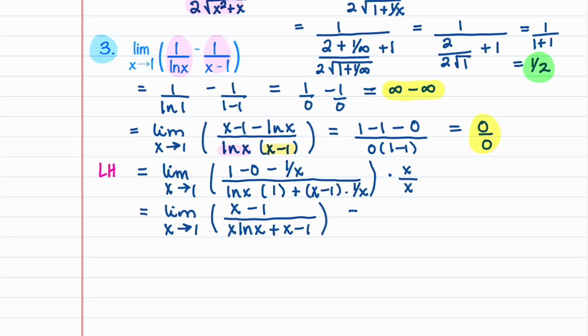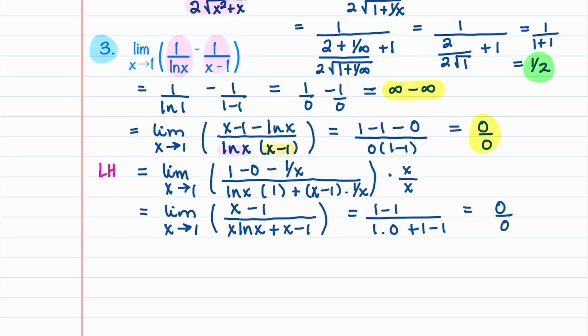Now let's go ahead and let x be equal to 1. So we have 1 minus 1 in the numerator, and in the denominator we have 1 times the natural log of 1, which is 0, plus 1 minus 1. And this gives us 0 divided by 0 again.